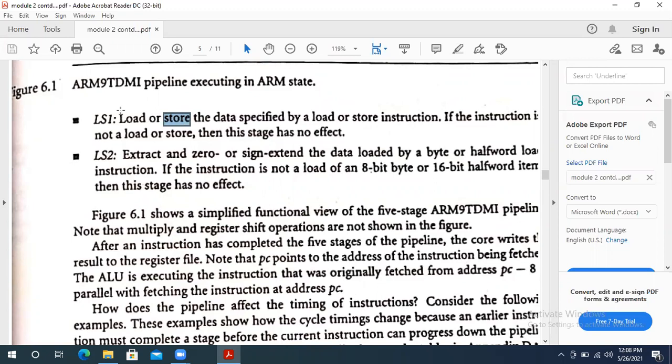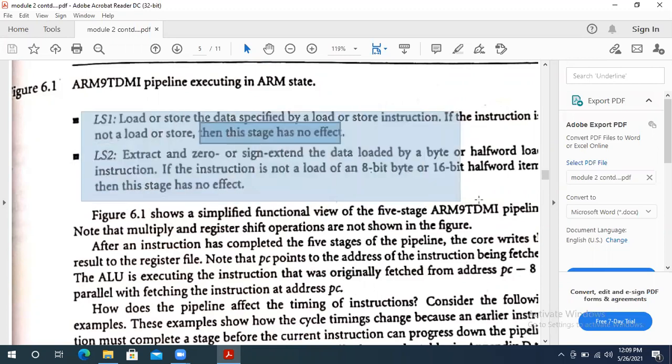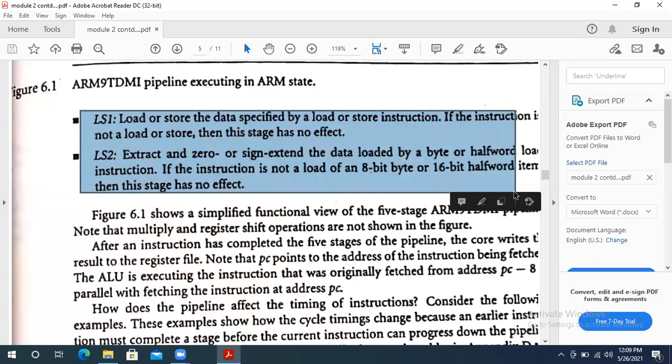That is nothing but to load or store the data specified by the load or store instruction here. If the instruction is not a load or store, then this stage has no effect here. So these two are used for storing the data here.